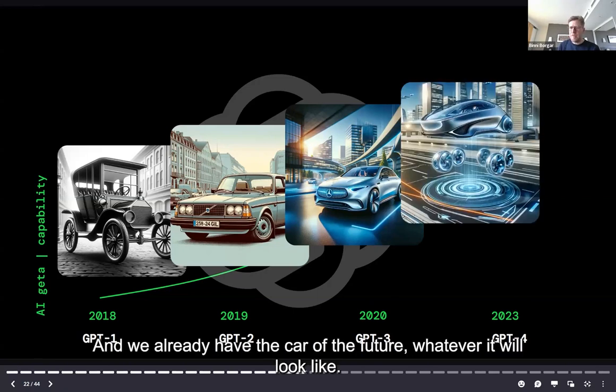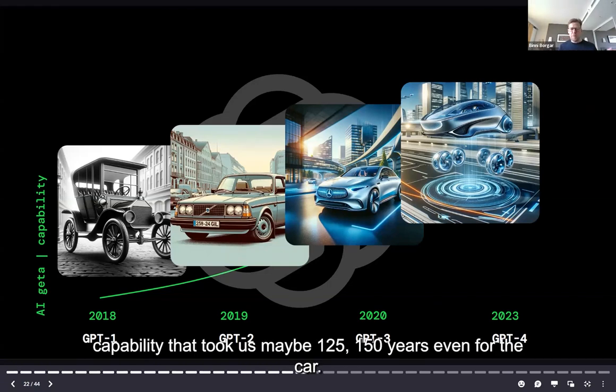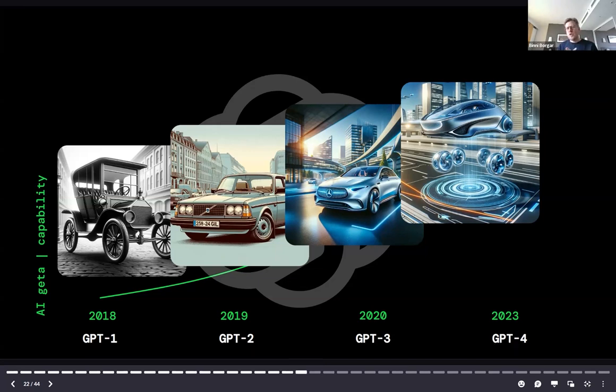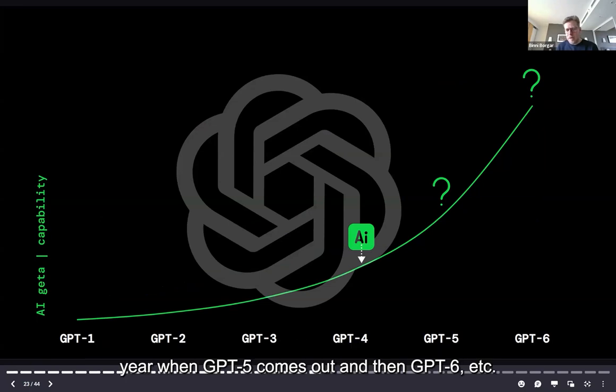And we already have the car of the future, whatever it will look like. So in just 5 years, we went through a progression in capability that took us maybe 125, 150 years for the car. And we are just starting. So imagine the capabilities that will become available later this year when GPT-5 comes out, and then GPT-6, etc. So this is exponential growth in capability for you.